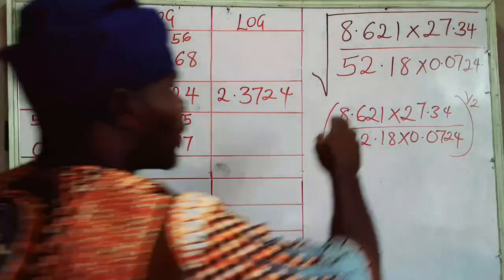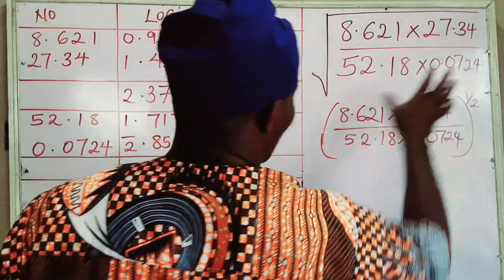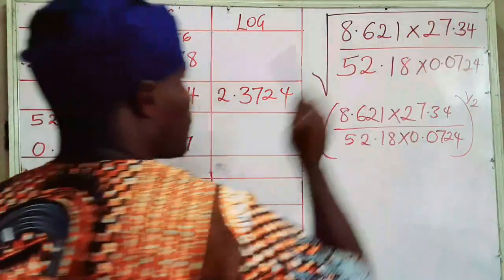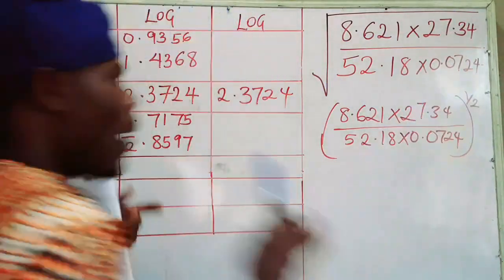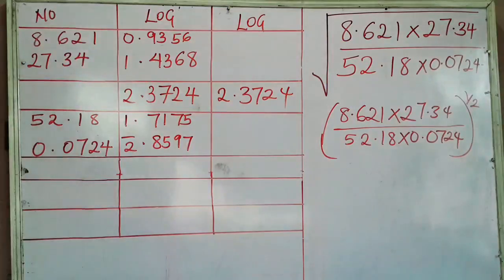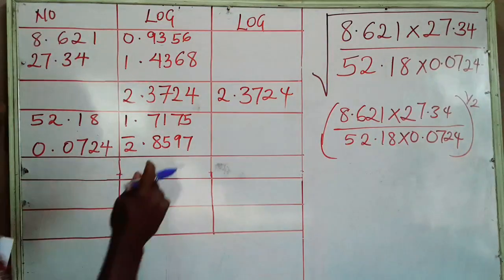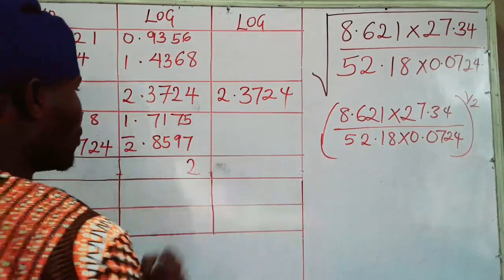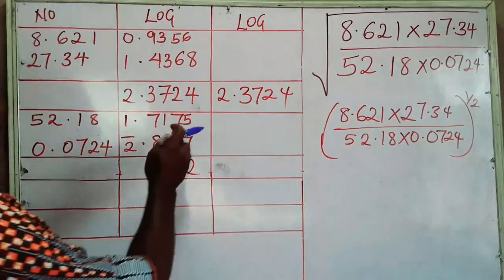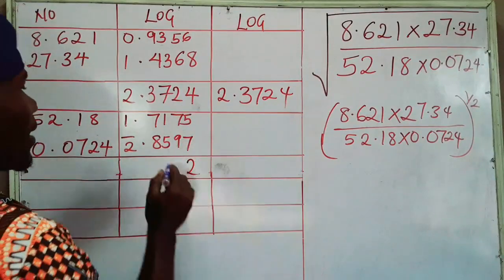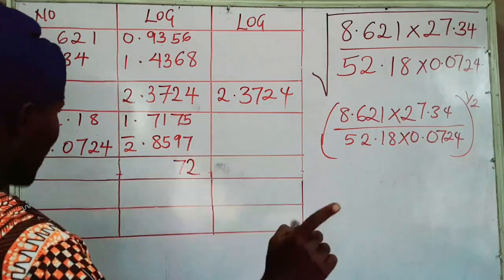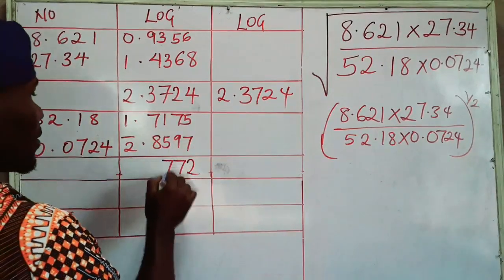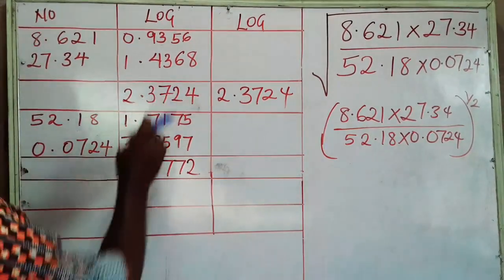So now let's try to recall. Why are we adding them together? Because it's a multiplication, we add them together. We add the numerators together, we add the denominators together. Our answer will surely have another log. So let's add together. 5 plus 7 will give us 12. There's a 1 aside. 6 plus 1 making 7. We have 1, so this is 6. Now we have 7, so this is 15.